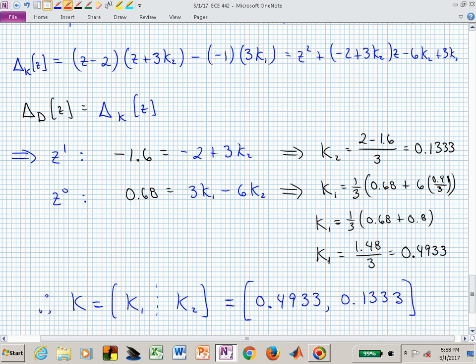One of the problems that I will see on the final exam is students will write this as a column instead of as a row. They'll stack K1 on top of K2. But K needs to be compatible with U and X, where U is now equal to minus KX. If you have one input, then the product of K with X needs to give you a scalar.